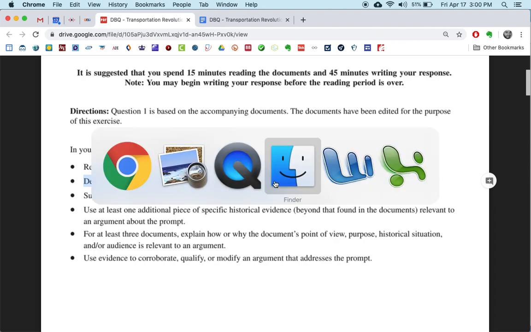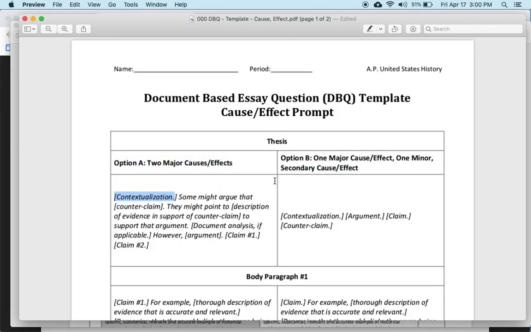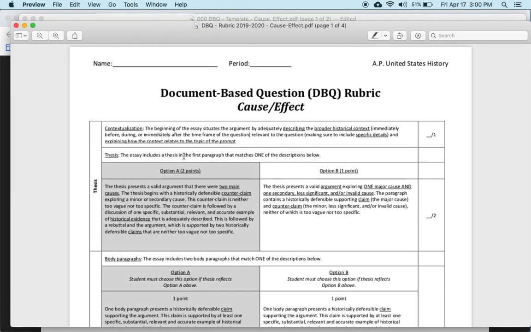In the language that we use on our rubric, at the beginning of your thesis, of your opening paragraph, you should situate the argument by adequately describing the broader historical context.